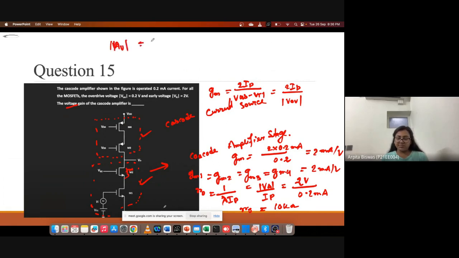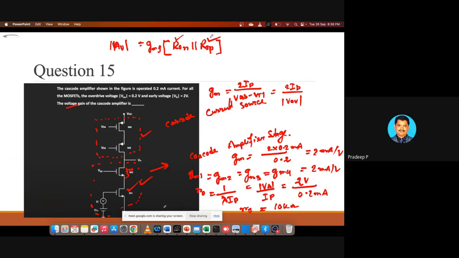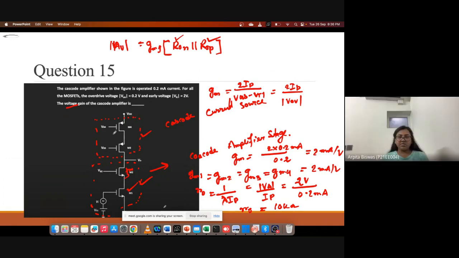The gain is gm1 times R naught N in parallel with R naught P. Can you tell me what is this R naught N and what is R naught P? We can calculate from the ID.